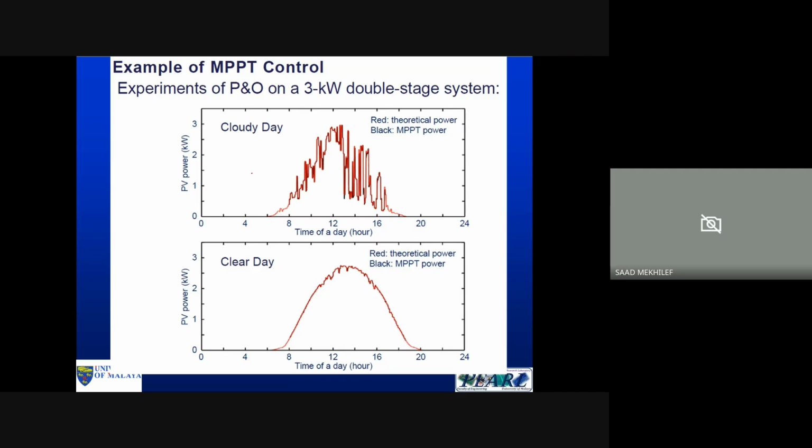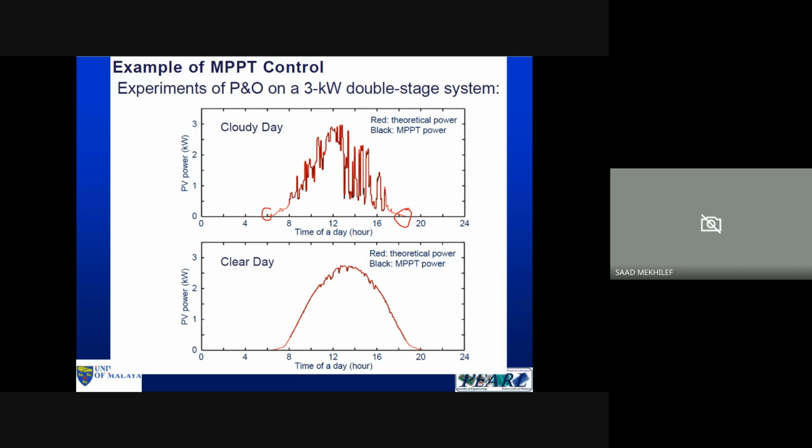For example, in this curve you can see the red one, which is the theoretical power, and the black one overlaps with it. You can see that on a cloudy day with the MPPT, we are able to extract the maximum power available during the day, from morning up to the evening. And you can see all the time it overlaps.